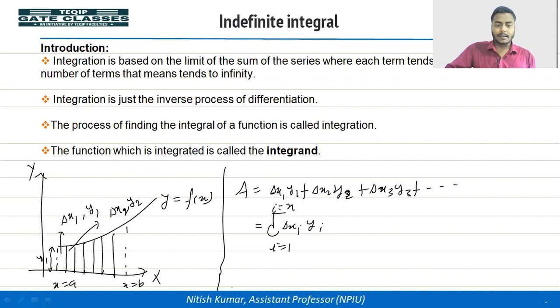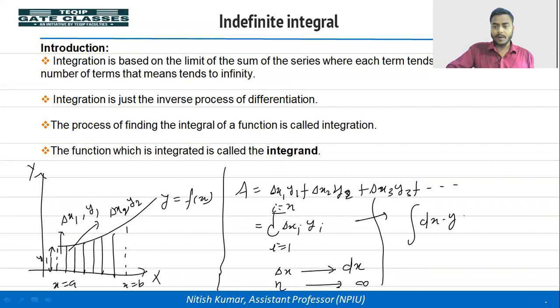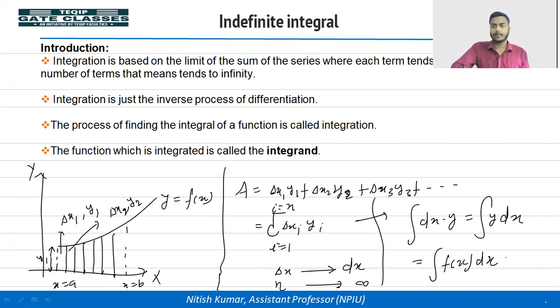If the width of each segment is very small, like dx, and the total number of segments is very large, infinity, then we can convert the summation into integration. Integration of y into dx, or we can write y as the function f of x, so f(x) into dx. So the integration of f(x) with respect to x. So we can denote this.